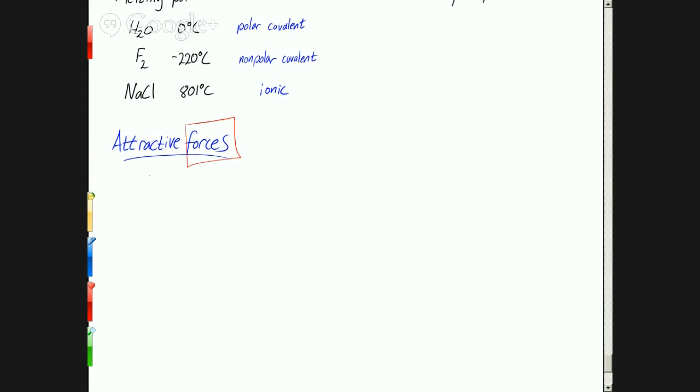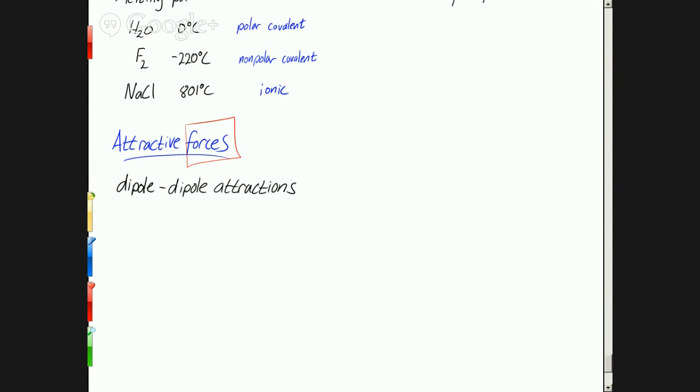So we're going to talk about two categories of forces. The first one is what we call dipole forces, or dipole attractions is how the book puts it.